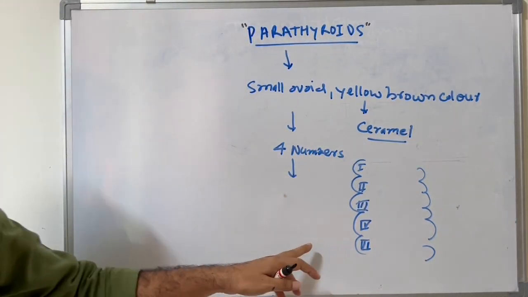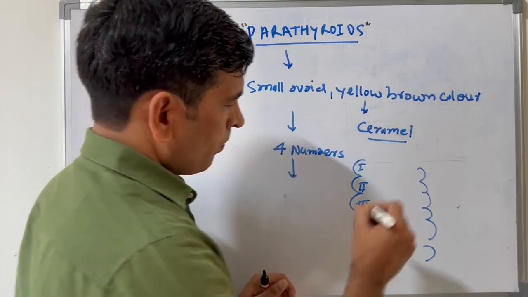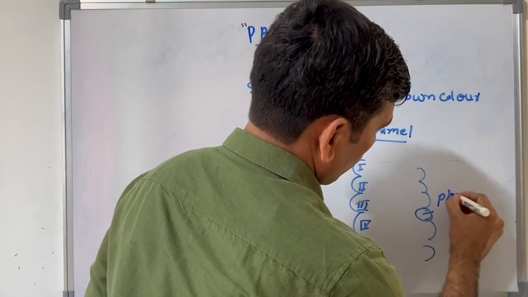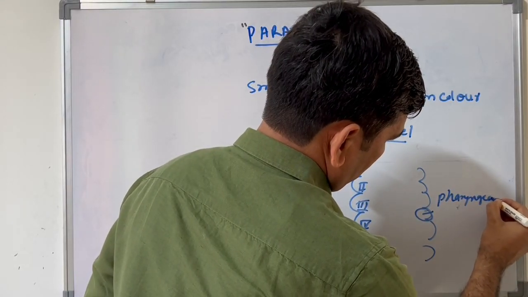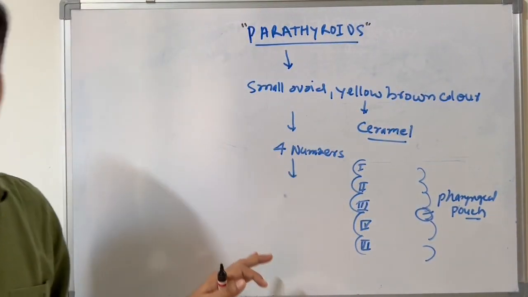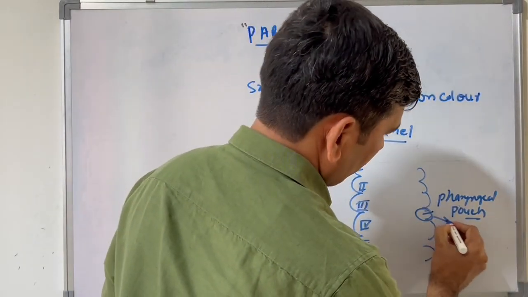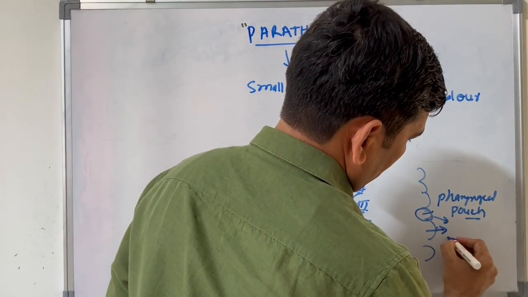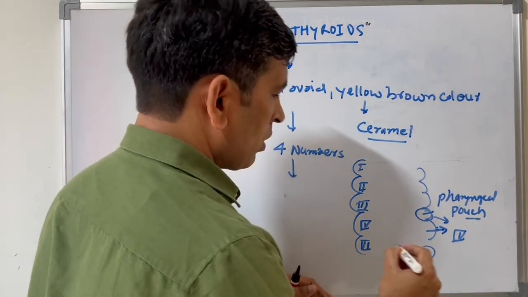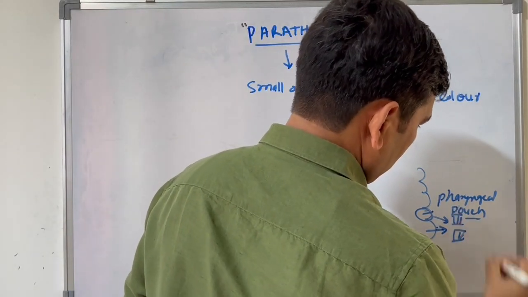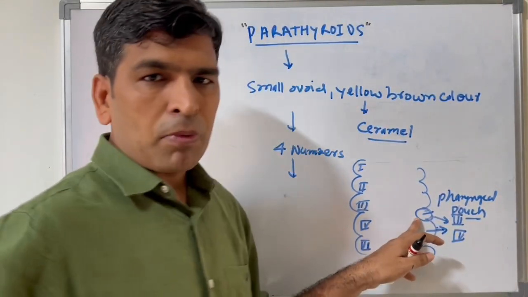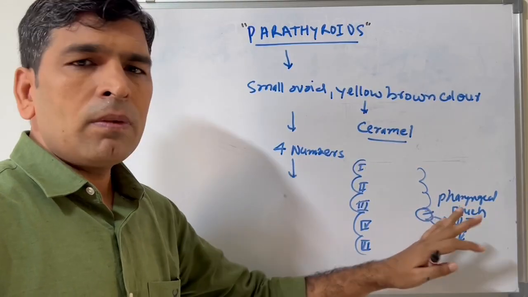Fifth has disappeared. The parathyroids develop from these pharyngeal pouches. The superior parathyroid develops from the fourth pharyngeal pouch, while the inferior parathyroid develops from the third pharyngeal pouch, because the third pharyngeal pouch also develops the thymus.